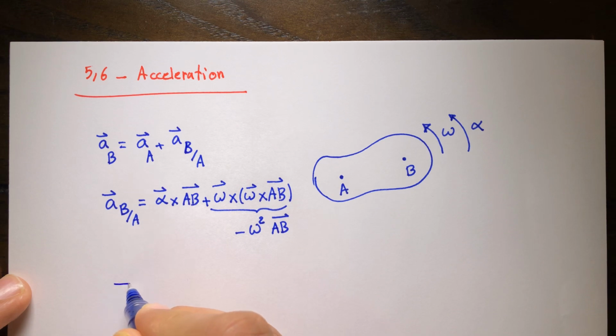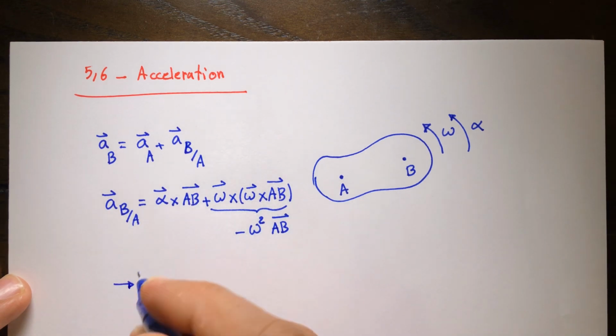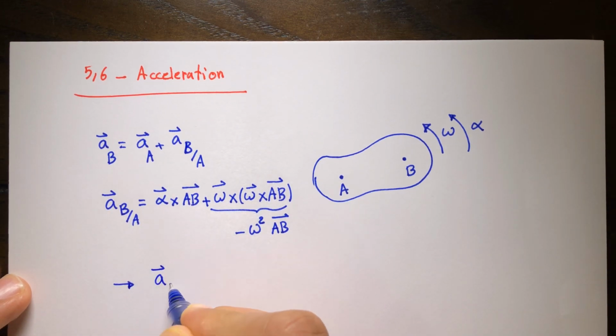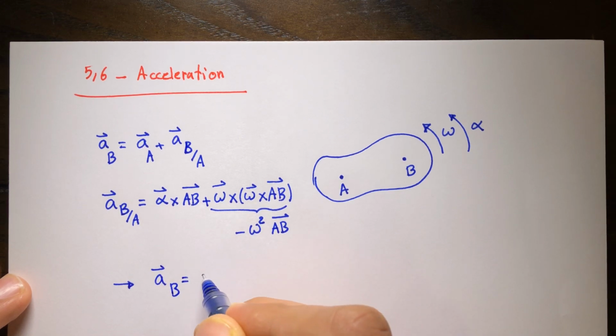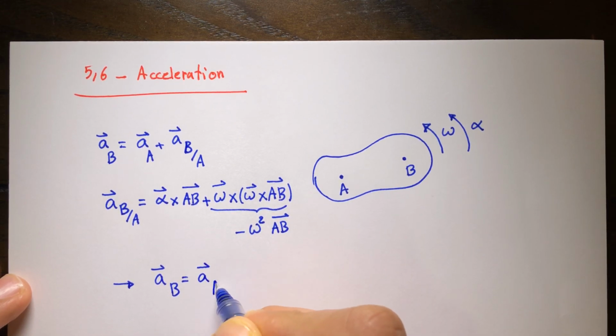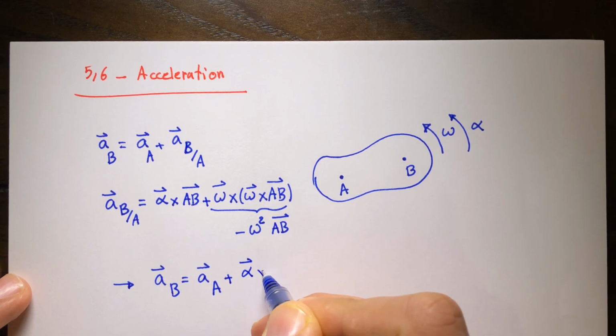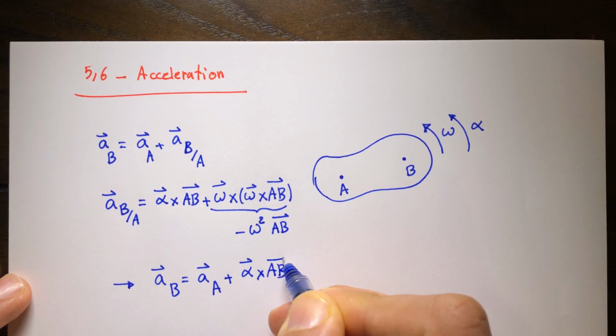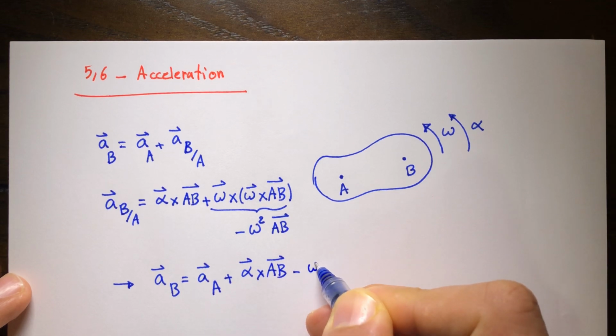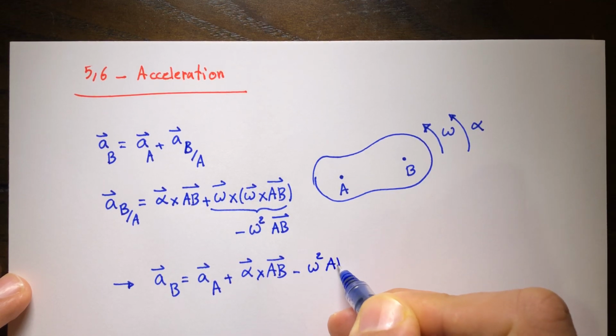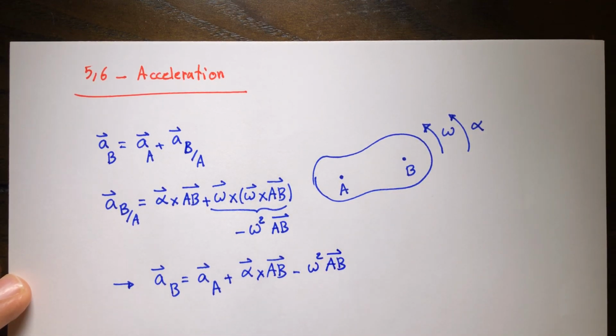So if I replace it in this general equation, acceleration of B is equal to acceleration of A plus alpha cross AB minus omega squared times AB.